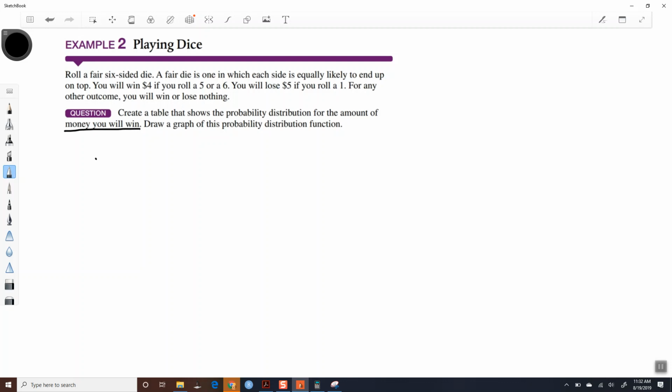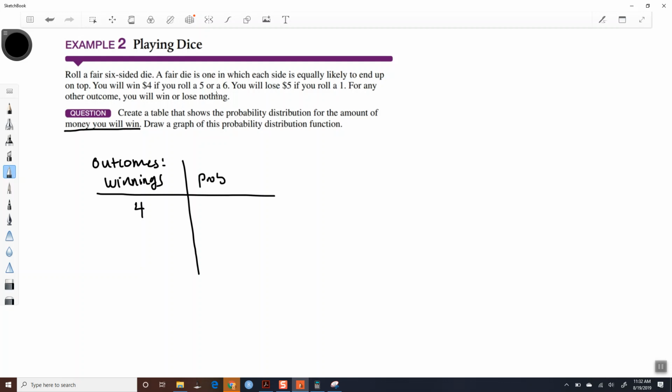Okay, so what are our possible outcomes? So we can win, all right, what's the most we can win? $4. And what is the probability that we win $4?